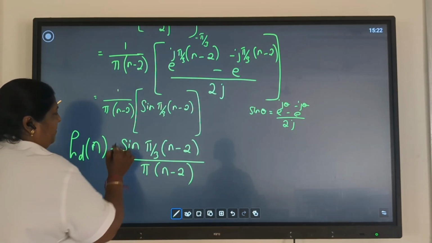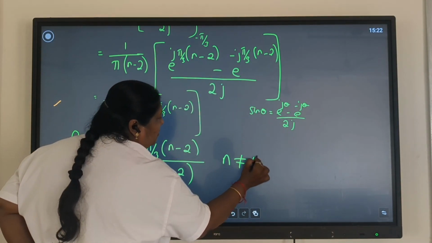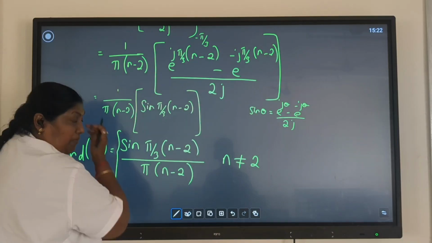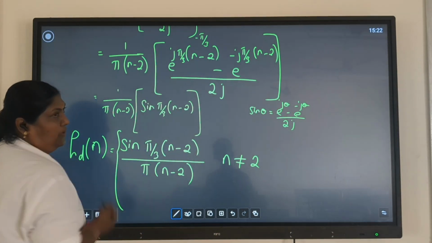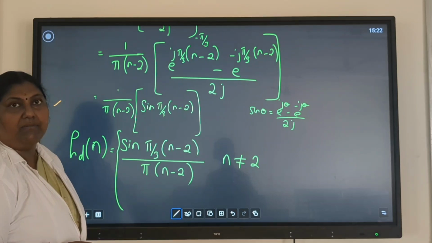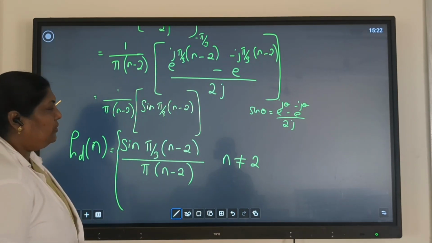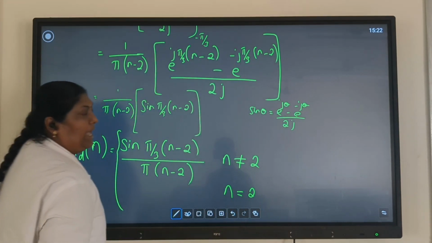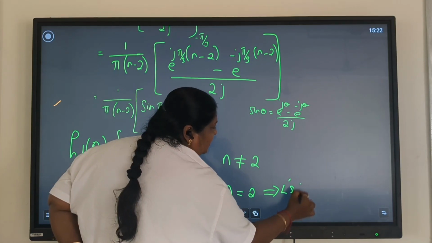But this holds for n not equal to 2. Why? Because if I put n equal to 2 here, the upper term will be 0 and the lower term will be 0, so I cannot use this particular value for n equal to 2. So when small n is equal to 2, I have to apply L'Hospital's rule.